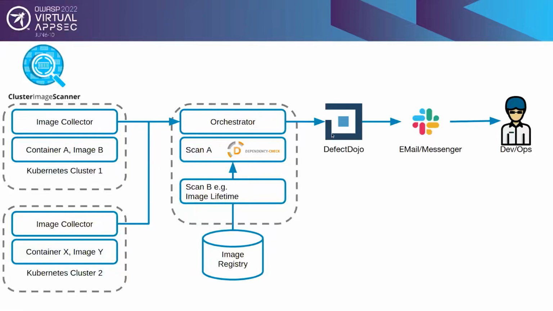And then they are getting uploaded to DefectDojo. DefectDojo identifies these are the findings which got handled already, and these are the findings which are unhandled, and the unhandled findings are getting sent to the developers or operations people.